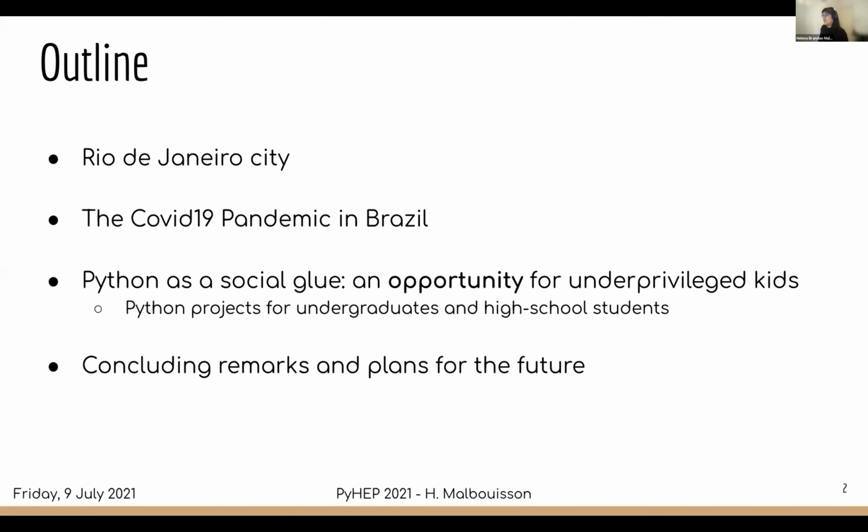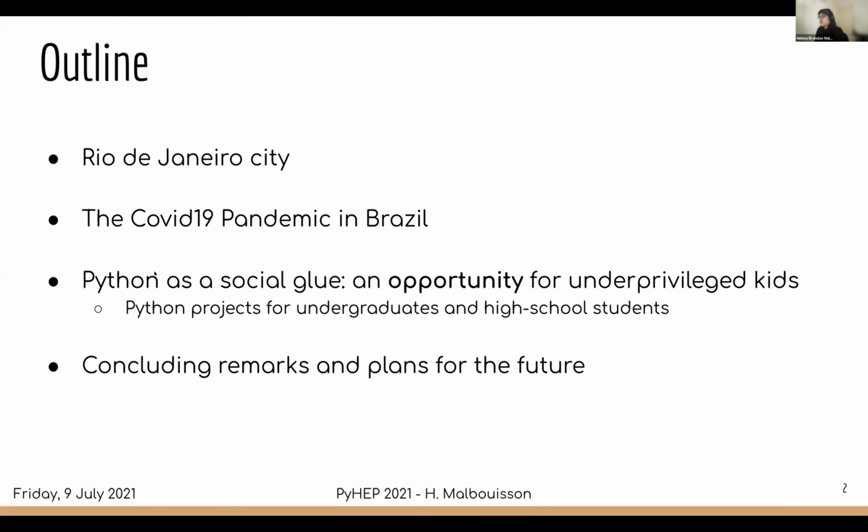Let's get started. So I will start the talk talking a little bit about the Rio de Janeiro city to set the ground on why we want to use Python as an outreach tool. Then how the COVID pandemic impacted Brazil, in particular Rio, with a focus on the schools and the high schools.